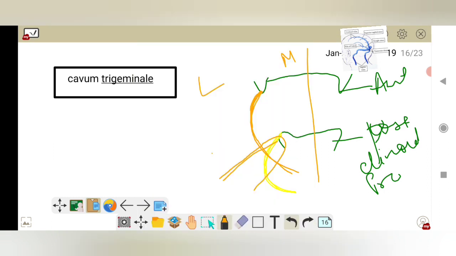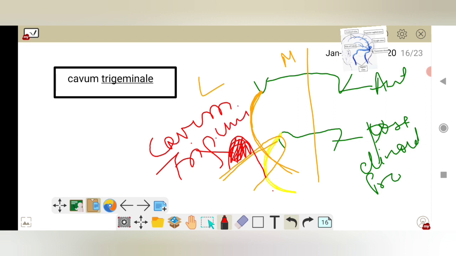A little lateral to this, the inferior layer of the tentorium cerebelli is pouched forward into the middle cranial fossa and forms a blind pouch, and this blind pouch is termed cavum trigeminale, where we have the ganglion for the trigeminal nerve. This cavum trigeminale is below the superior petrosal sinus.